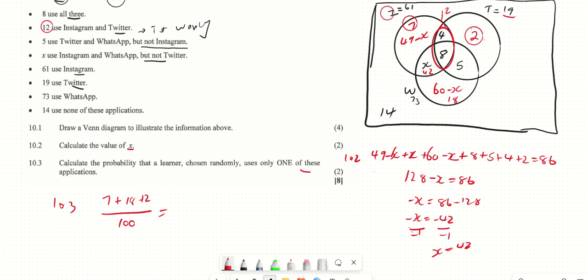So that is 27 over 100, which is 0.27. That's the probability we are looking for.